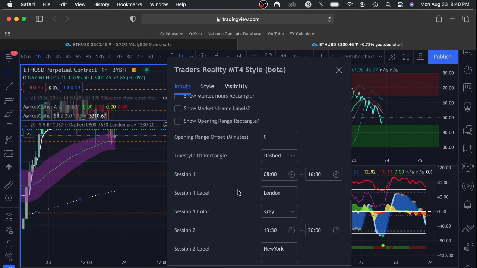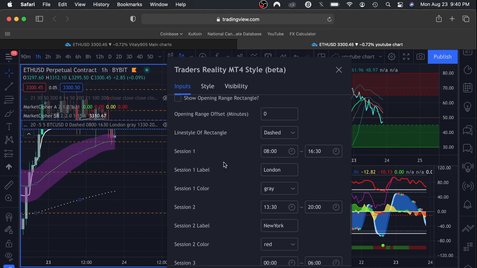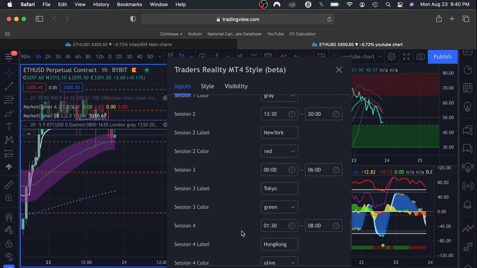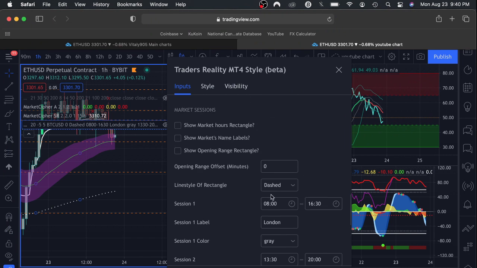Now, it's important that you know the trading sessions, like when the New York session starts, London session, the Asian session, Hong Kong, Tokyo, and all that stuff. You need to know when each session starts and ends, because at the start of them you'll see the price acting kind of weird.